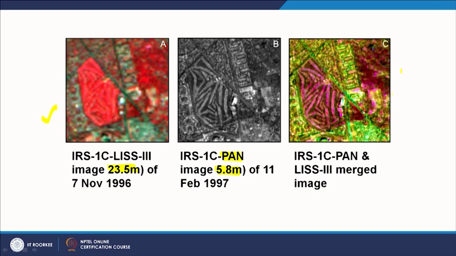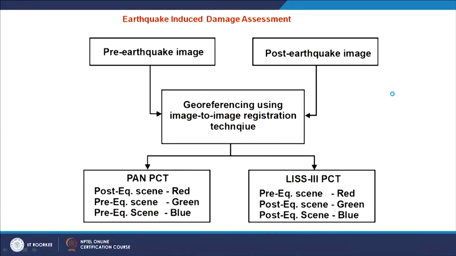Now once you become comfortable with such merging techniques, you can play further with them, because this is just playing within the color space using your images. This is what we did. We wanted to detect the changes induced by an earthquake event, and that means we were not looking for two different spatial resolution images, but two different images, and in between the time these two images were acquired, the earthquake occurred.